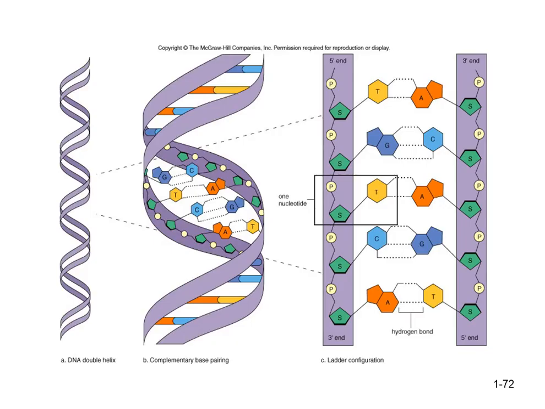So this is DNA. So what is this? This part is the phosphate part. This part is the pentose sugar part.